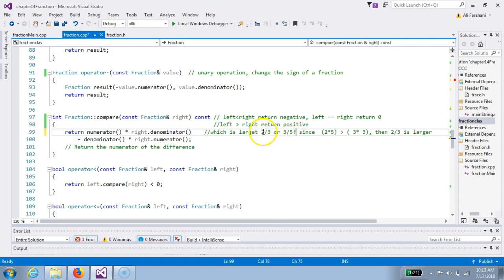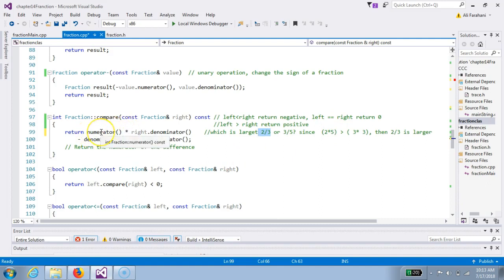By that I mean multiply 2 by 5, the numerator of the left multiplied by the denominator of the right, and multiply 3 by 3, the denominator of the left times the numerator of the right. And then check which one is greater. In this case, 2 times 5, which is 10, is greater than 3 times 3, which is 9. Therefore, the left fraction is larger. 2/3 will be larger.